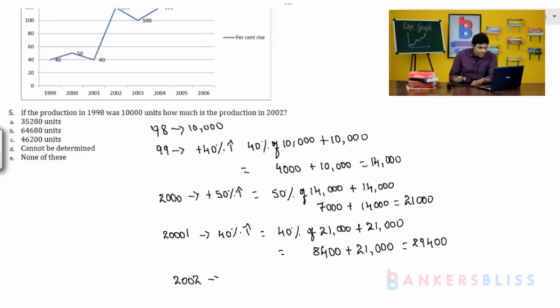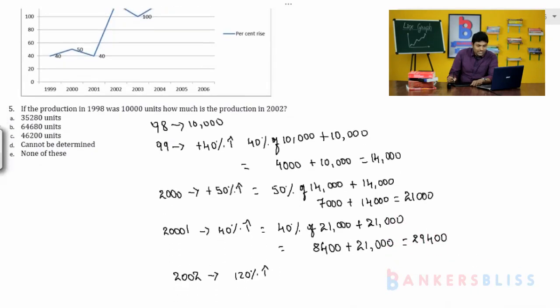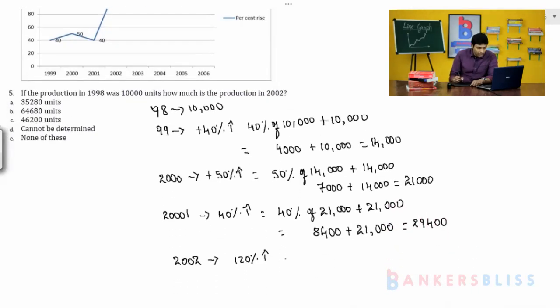2002, it is 120% increased. See the data, 2002, it is increased by 120%. Means what? 120% of 29,400 plus 29,400.